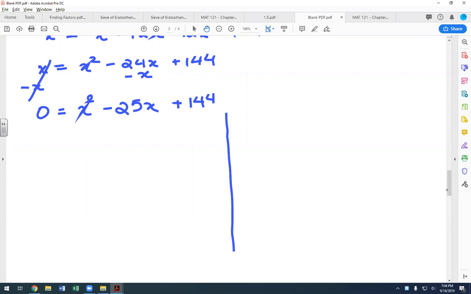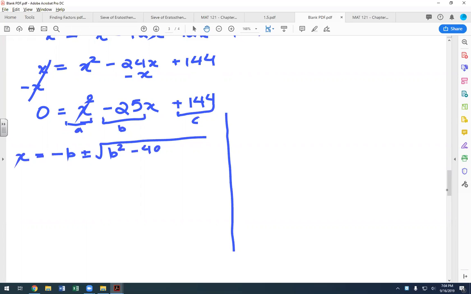Quadratic formula, technically this is our A, which will be just 1 in this case. This is our B, which is negative 25. C is 144. So in your quadratic, negative B plus or minus the square root of B squared minus 4AC, over 2A.